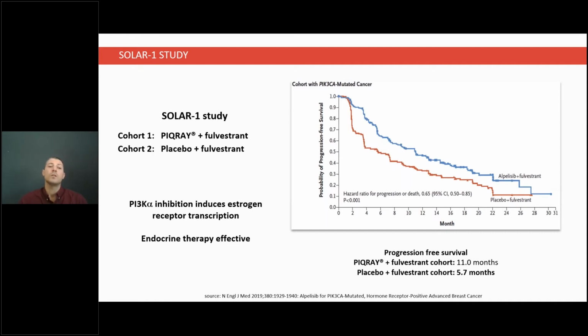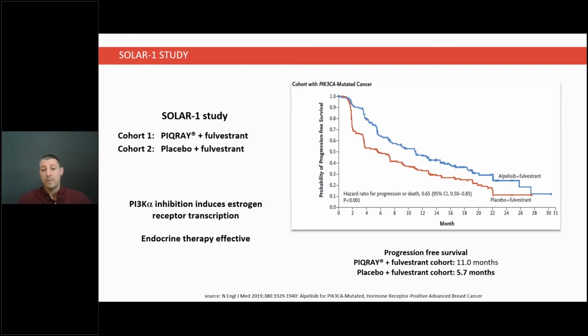And cohort 2 was the control group, placebo and fulvestrant. And they found out that the inhibition of the PIK3 alpha subunit induces estrogen receptor transcription, and this means that the endocrine therapy might become effective again.